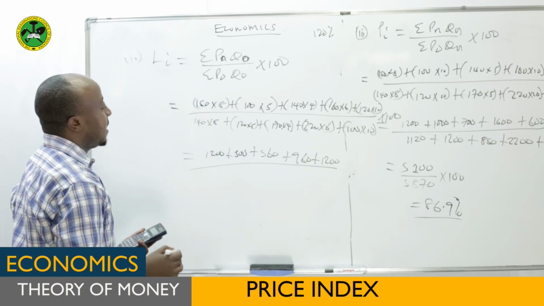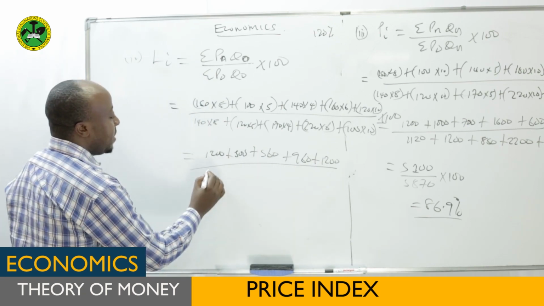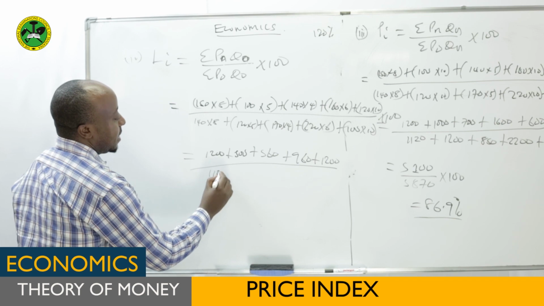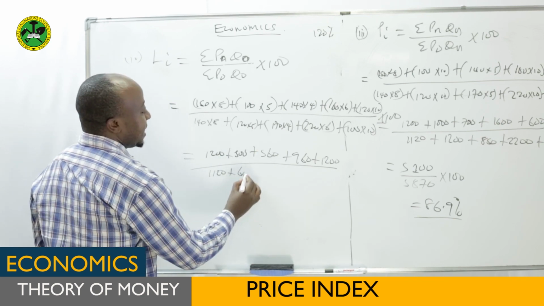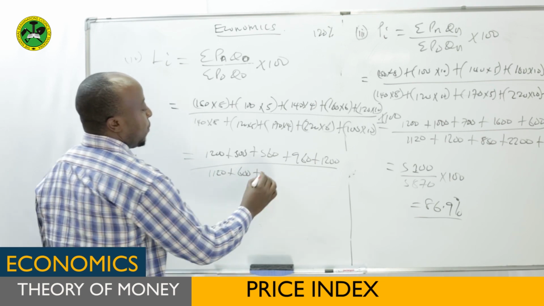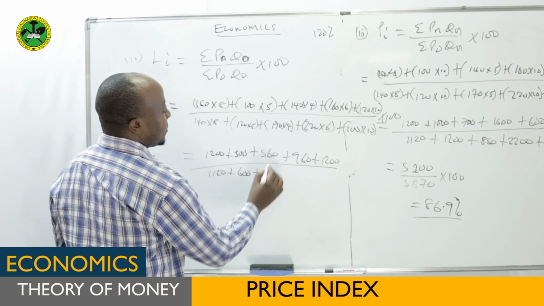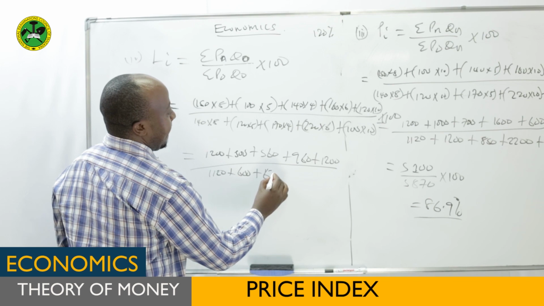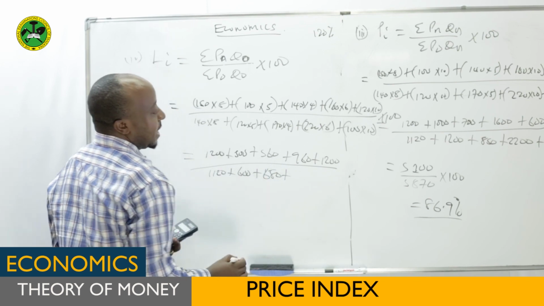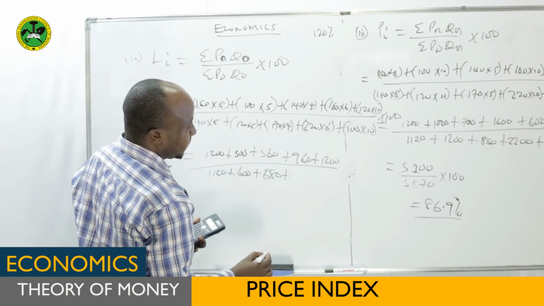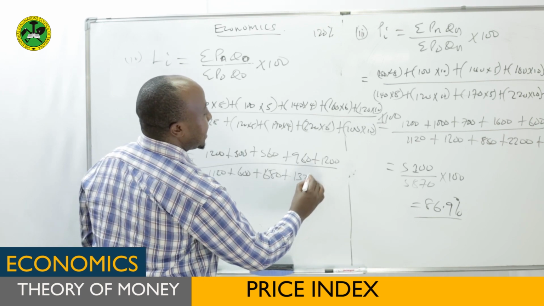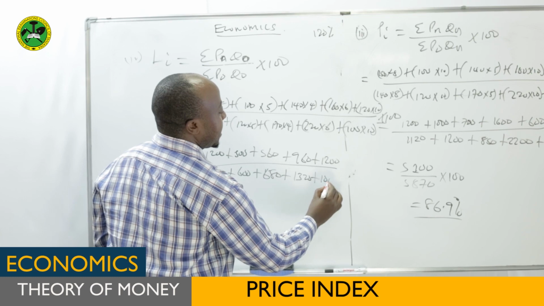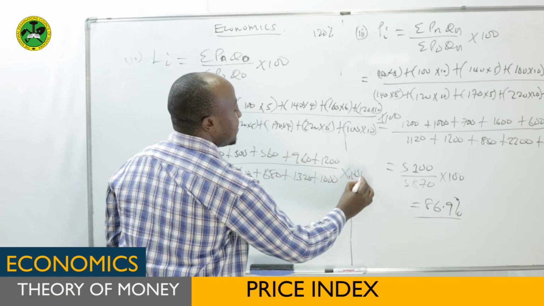This one will divide by, again, this one times this will be 120 plus, this one will be 600 plus 170 times this will be 680 plus, there will be having 1,320 plus 1,000. Then all these times 100.